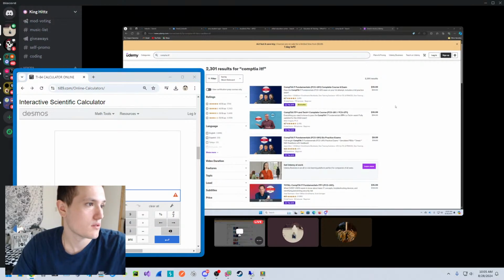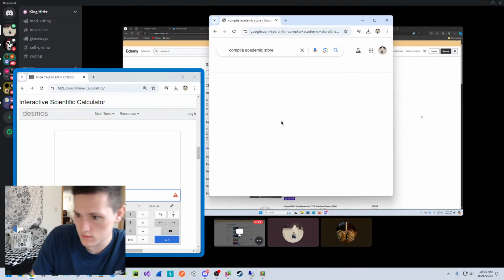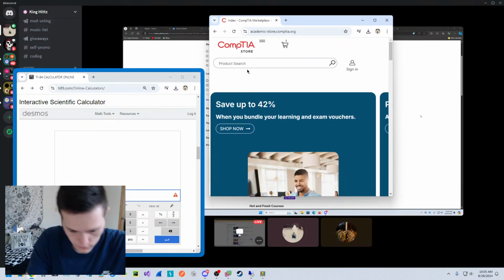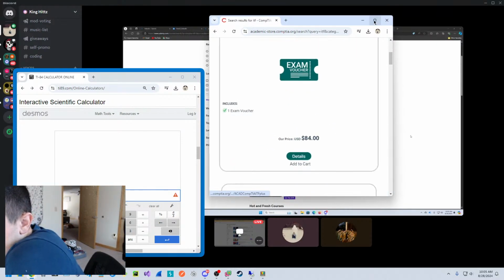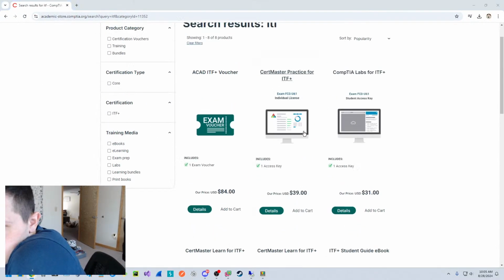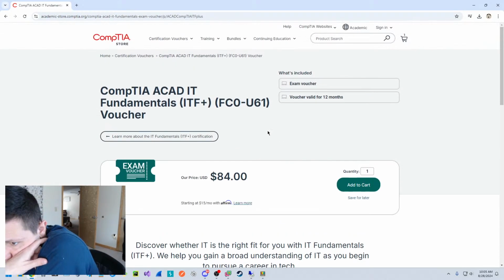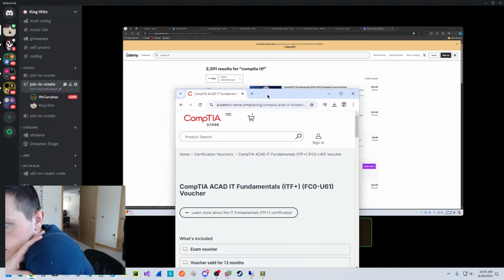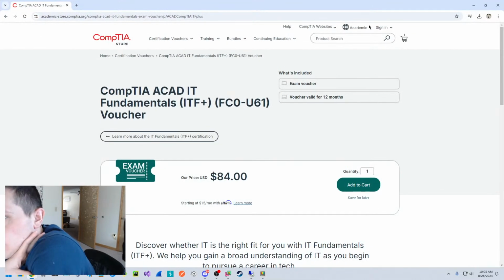Here, let's see. So the current test voucher is FC0-U61. That's the current test. So I should buy this one then, because this comes with classes and exams. Yeah, that's it.